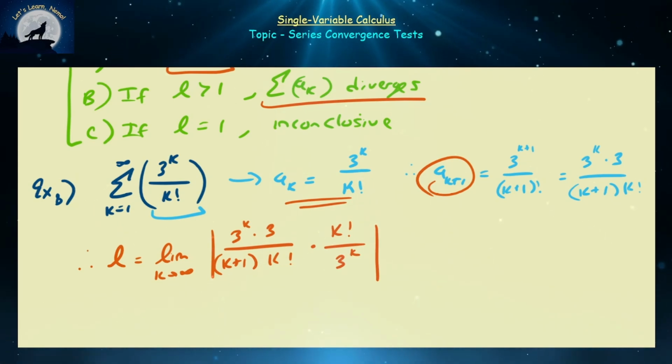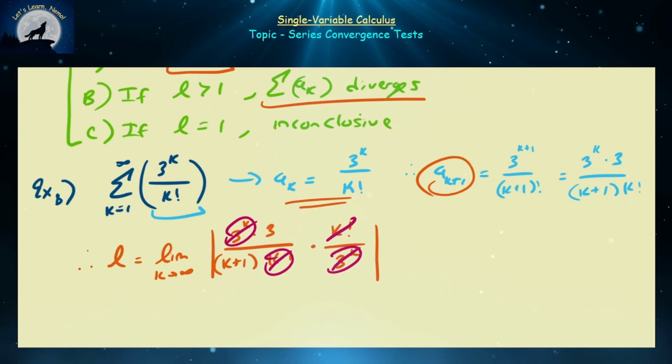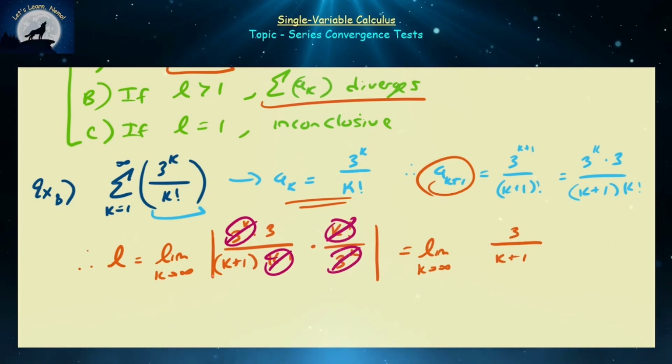And then let's simplify to see what happens. So we have 3 to the k top and bottom, k factorial top and bottom, and then we're just left with the limit as k goes to infinity of 3 all over k plus 1, and that's always going to be positive, so we don't need the absolute value, and that's going to be 0, which is less than 1.